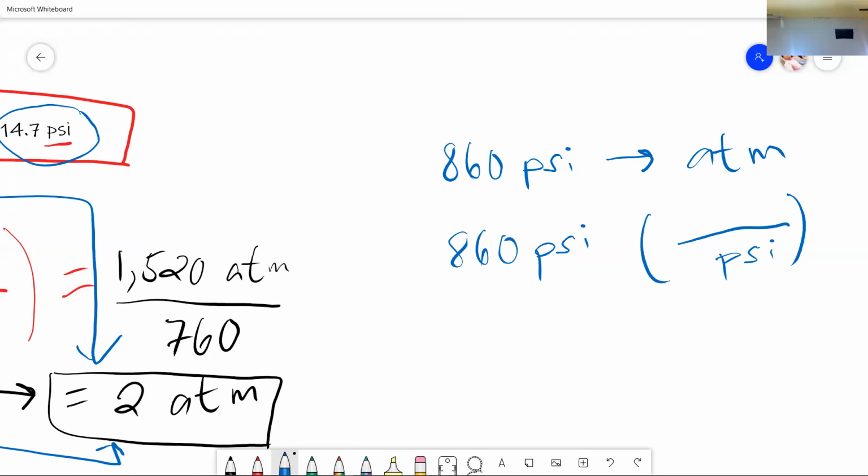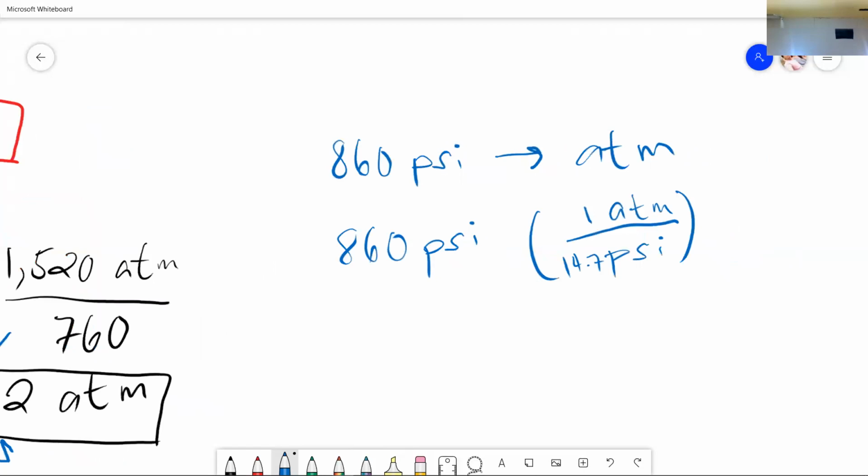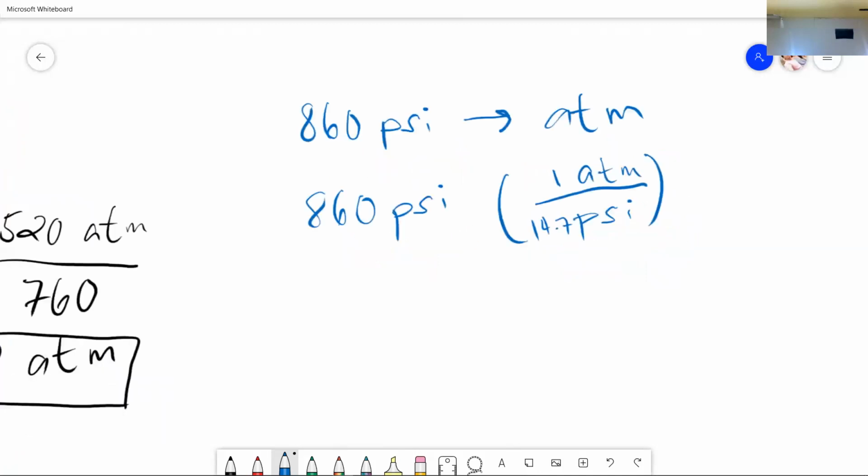In one ATM, how many psi do we have? In one ATM, there is 14.7 psi. Since it is psi to ATM, we just divide.